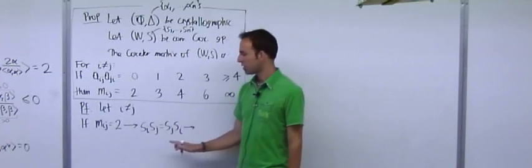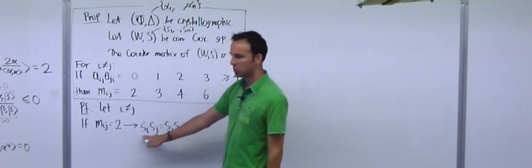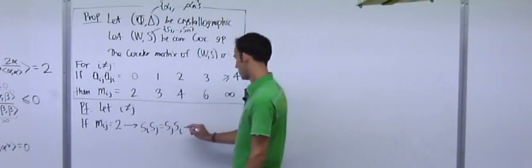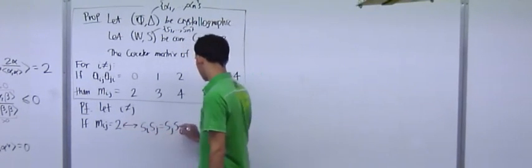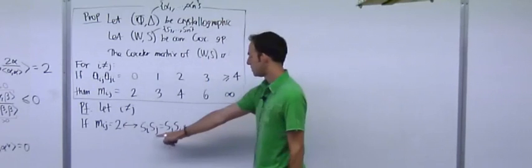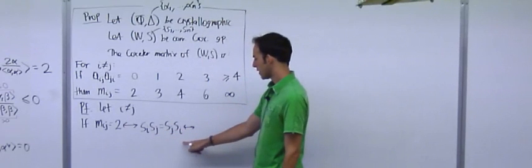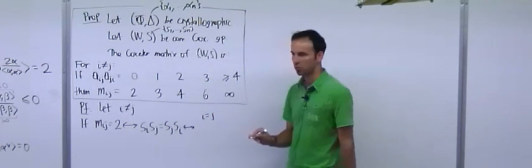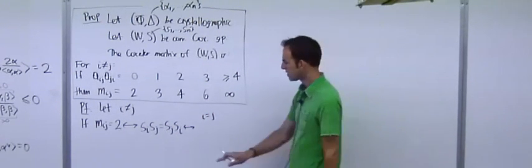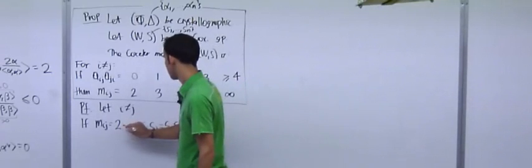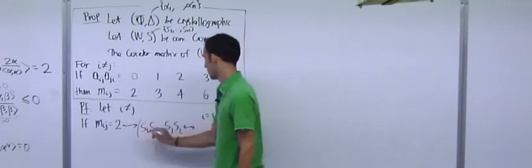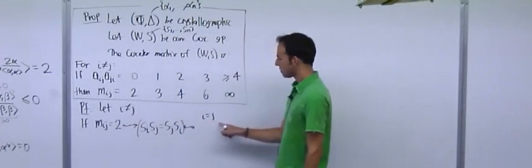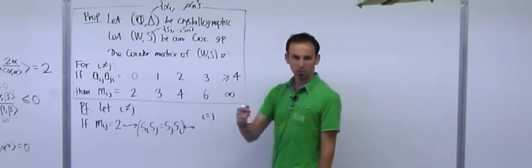We said that Si and Sj commute if and only if i was equal to j, in which case they commute for obvious reasons, or alpha i and alpha j are orthogonal. That's what we proved.